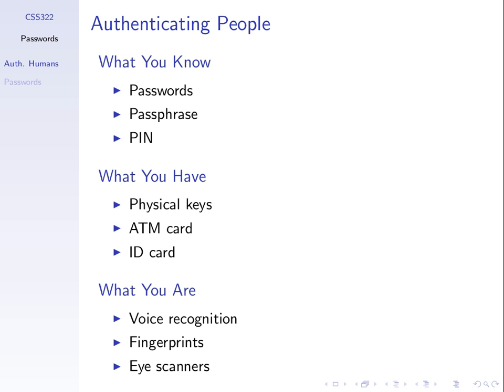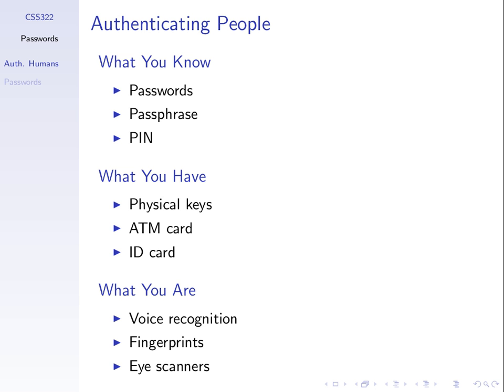You get access to some system if you can tell that system some value that you've registered with it, a password or a PIN. The system authenticates you based on what you know. If you tell someone else that and they know that password, then the system will also authenticate them. So it's just based upon what you have in your memory.